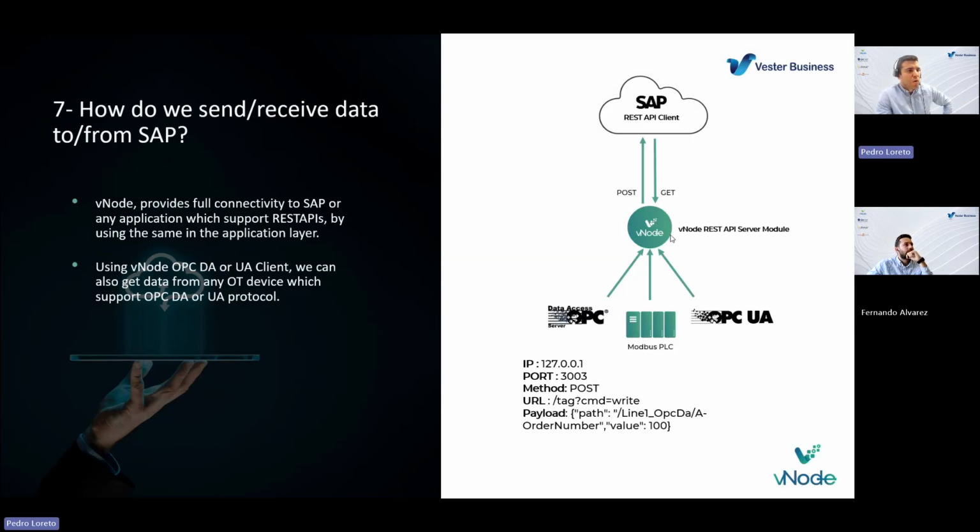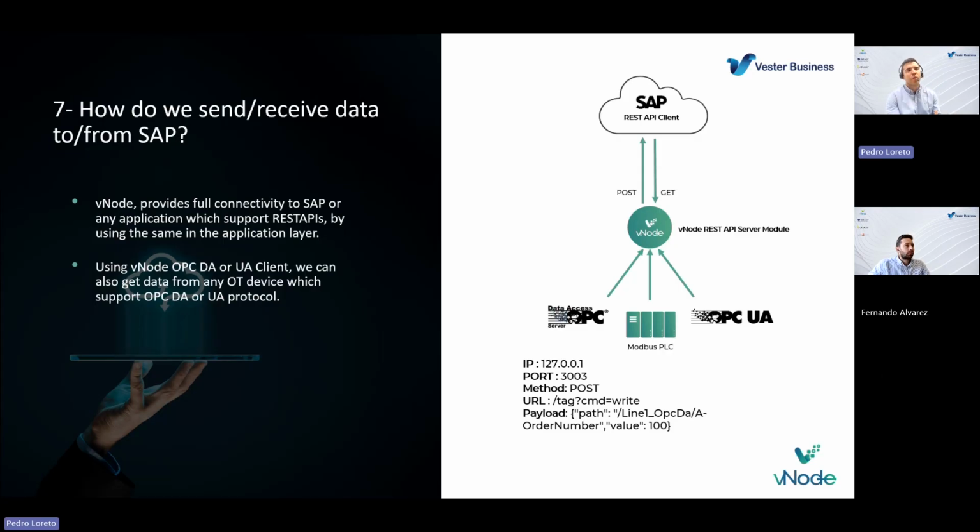And then in this vNode, we are going to deploy a REST API server. And then we are going to use an application similar to SAP. We have here Postman. We already have inside Postman all the functions that are supported by the vNode REST API server.